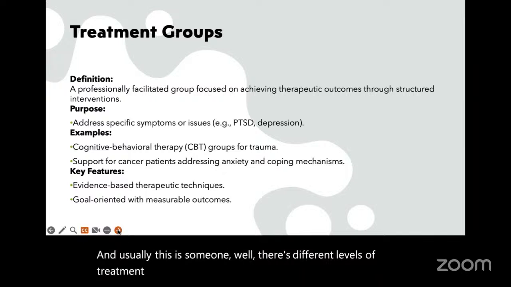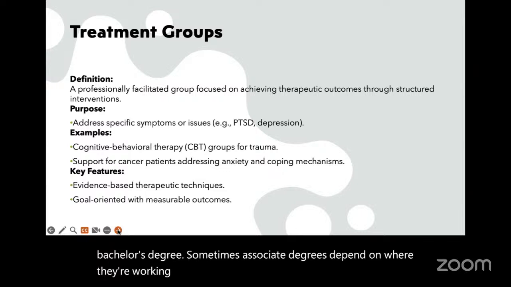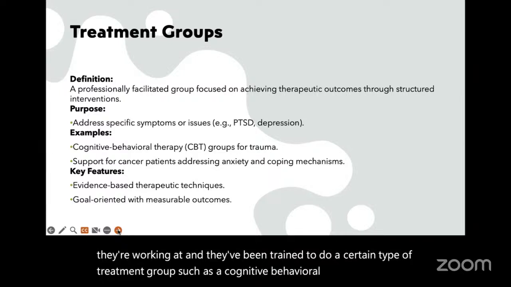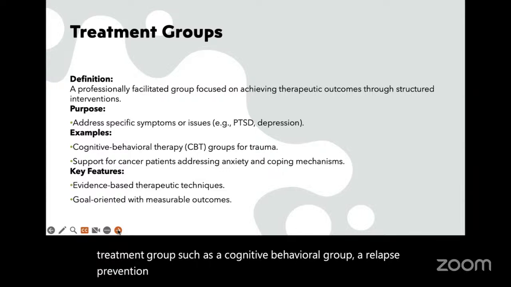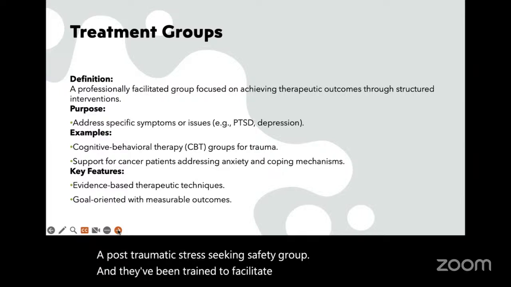Some may have just a bachelor's degree, sometimes associate degrees, depending on where they're working, and they've been trained to do a certain type of treatment group, such as a cognitive behavioral group, a relapse prevention group, or a post-traumatic stress Seeking Safety group, and they've been trained to facilitate that group.